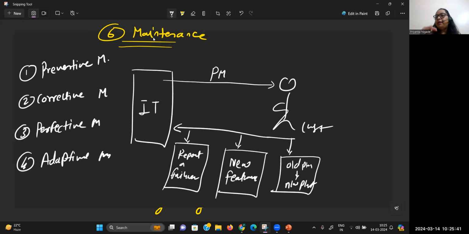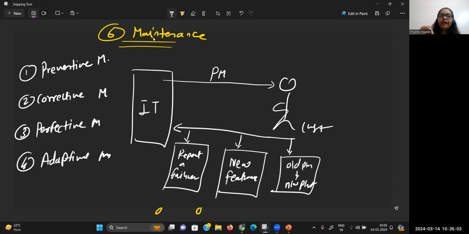So basically, maintenance is like customer support. Whenever the customer asks you for some kind of changes, we need to provide support to them. And there are four different types of maintenance: preventive, corrective, perfective, and adaptive. I hope the point is clear. And this is your complete life cycle.